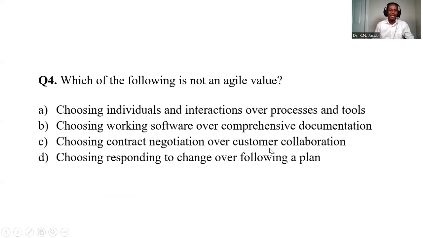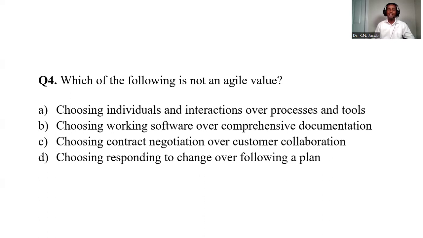Question 4. Which of the following is not an agile value? A, choosing individuals and interactions over processes and tools. B, choosing working software over comprehensive documentation. C, choosing contract negotiation over customer collaboration. And D, choosing responding to change over following a plan.